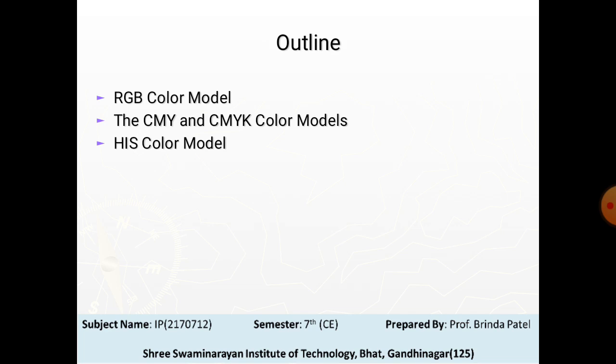In digital image processing, the hardware-oriented models most commonly used in practice are the RGB (red, green and blue) model for color monitors and a broad class of color video cameras, the CMY (cyan, magenta and yellow) and CMYK (cyan, magenta, yellow and black) models for color printing, and the HSI (hue, saturation and intensity) model, which corresponds closely with the way humans describe and interpret color.